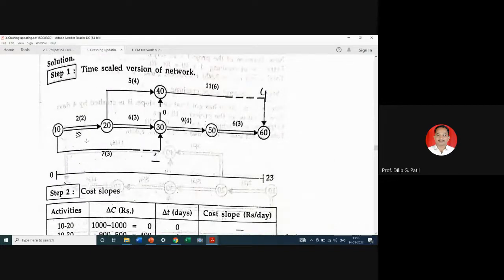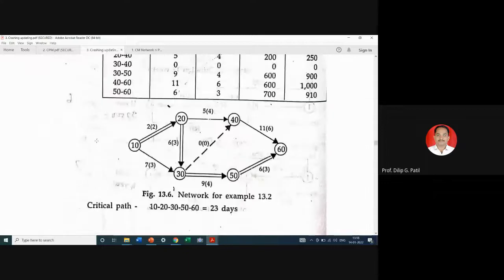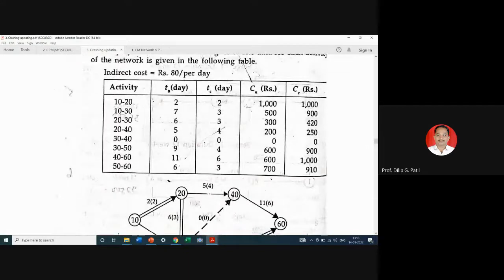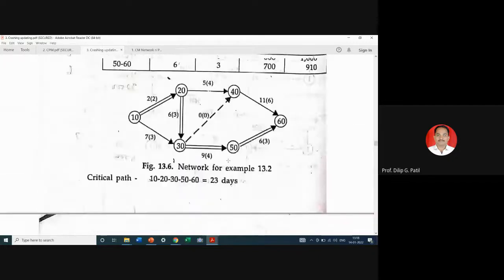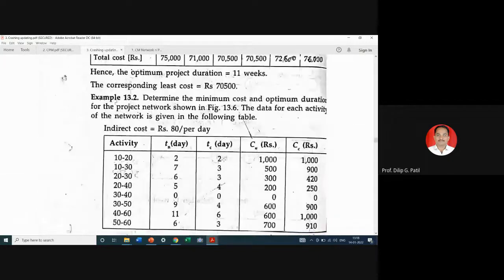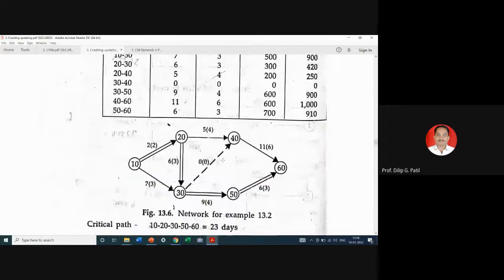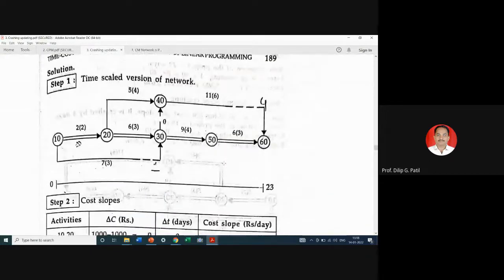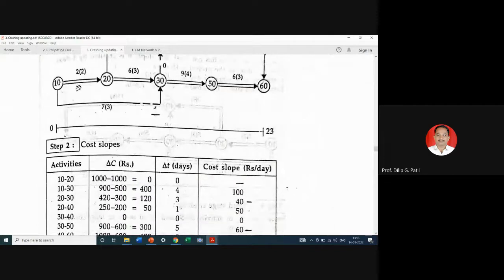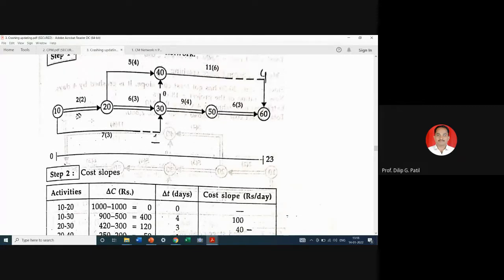2030 and 2020. Okay, there is no increase in the cost 10, 20.